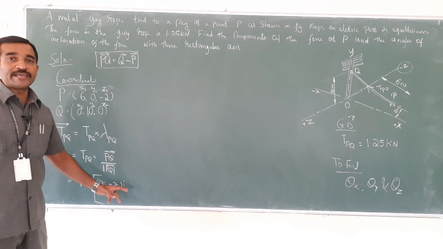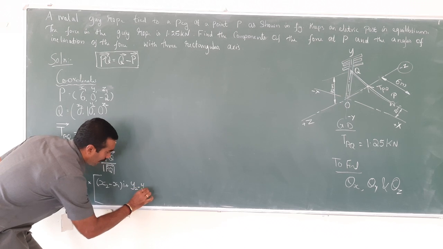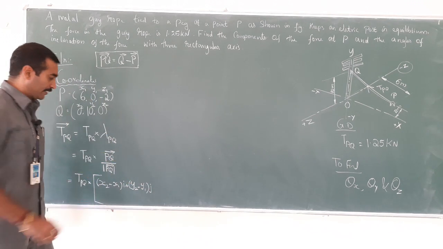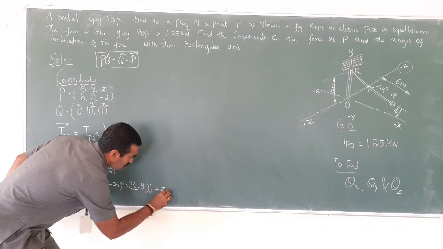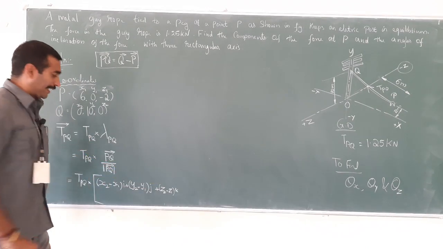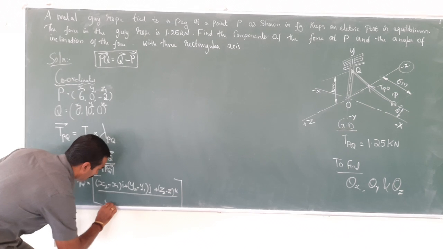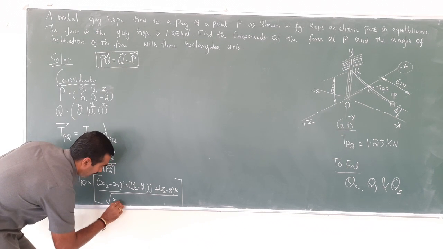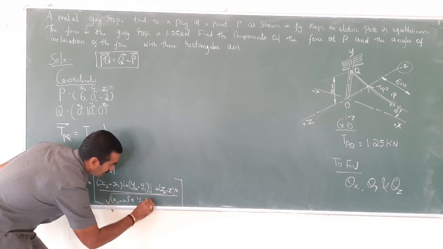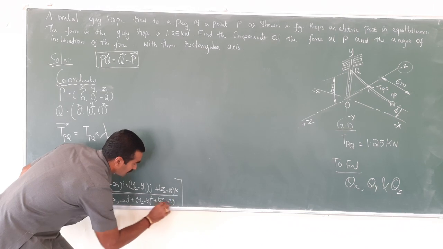X direction, so i component, plus y2 minus y1 in the y direction, so j component, plus z2 minus z1 in z direction, so k component, divided by root of x2 minus x1 the whole square plus y2 minus y1 the whole square plus z2 minus z1 the whole square.